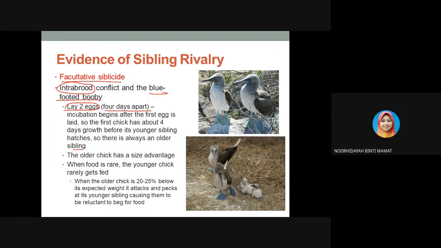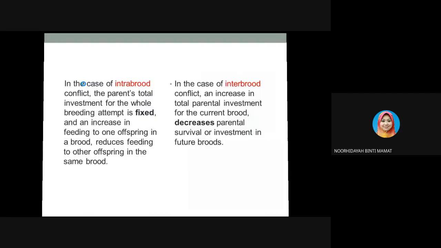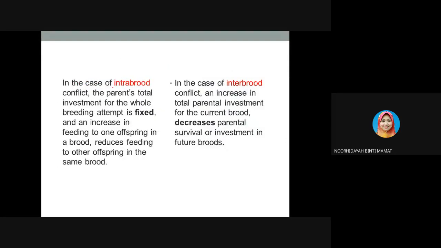This is the situation where a parent has two offspring in the brood. In the case of intra-brood conflict, the parent's total investment for the whole breeding attempt is fixed, and an increase in feeding to one offspring in a brood reduces the feeding to another offspring in the same brood.